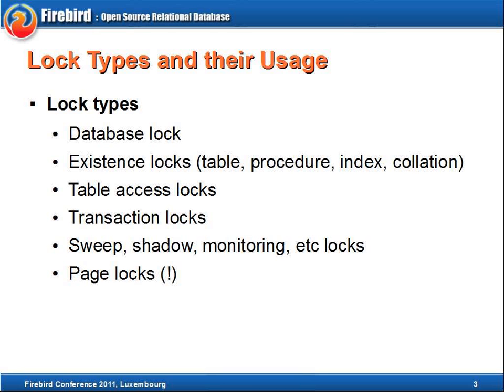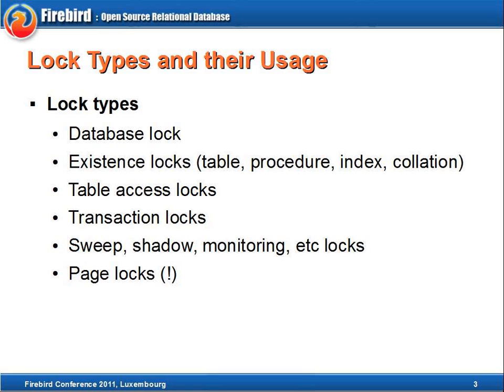Also, if you use table reservation options in the transaction parameter block, it's also provided via the table access locks. Transaction locks, of course: every transaction holds its own lock, and they are used to analyze whether the transaction is still alive, active and running. And there are a lot of other objects, mostly related to metadata, and some other things like shadows, sweeping, and so on.